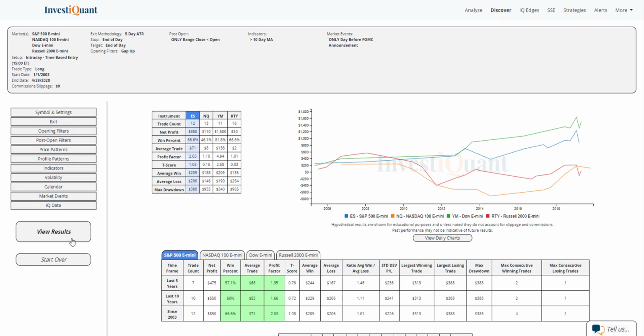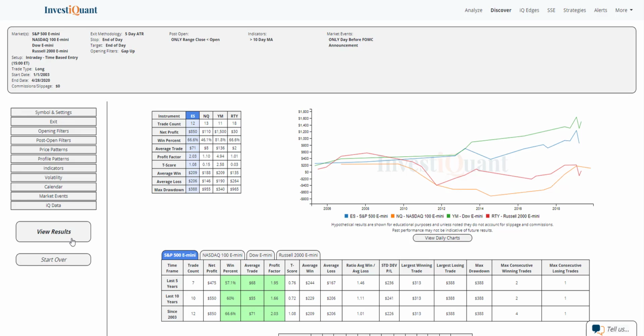This is, again, the same setup where it's the day before FOMC announcement. It was a gap up in the morning, and you were above the 10-day moving average on the close the day before. Entering at 3 p.m. Eastern Time, exiting at the close of regular trading hours, 4:15. This is when you're trading below the open at 3 p.m. Eastern Time.